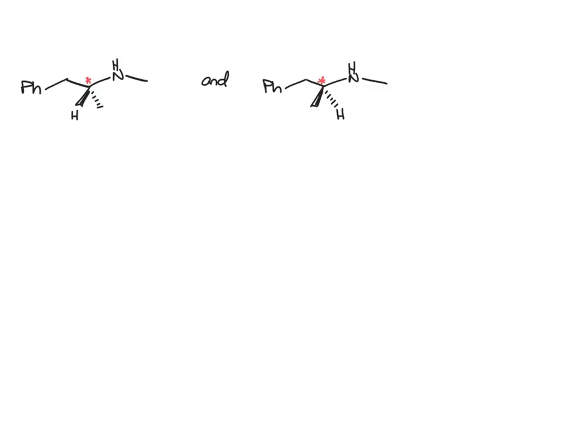Let's take a look at another pair of stereoisomers here. We have these two molecules, and I've already highlighted the chiral center for you. And you'll notice the only difference between the two is that I've swapped the position of the two groups. A new abbreviation you may not be familiar with is this Ph. And what that is, it's an abbreviation for a phenyl group.